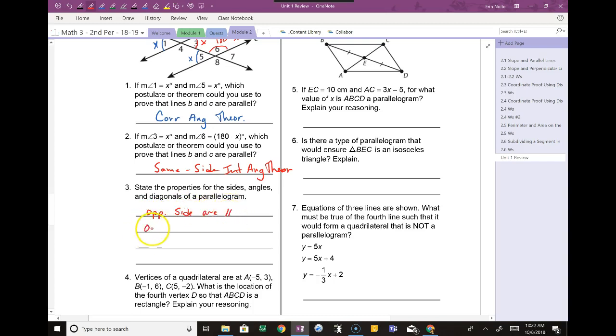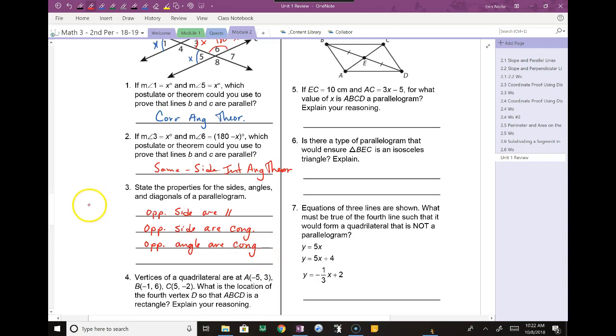We also know that opposite sides, because of that, are congruent, so they have equal length. We also know that the opposite angles are also congruent. And we also know stuff about their diagonals.